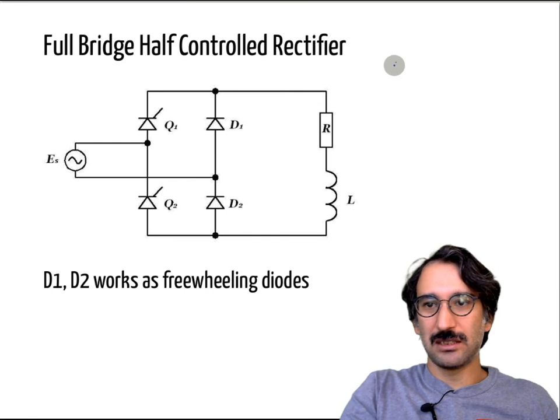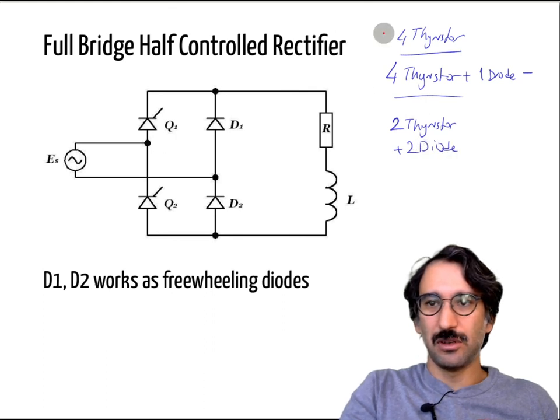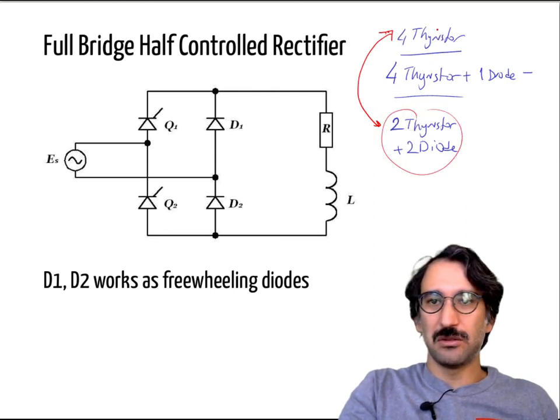In the previous case I used 4 thyristors plus 1 diode, or in the first case 4 thyristors. So this was the default one, this is the freewheeling one, and with this I am using 2 thyristors plus 2 diodes. If you compare the cost, that is even cheaper than the original solution, and your output voltage is limited.